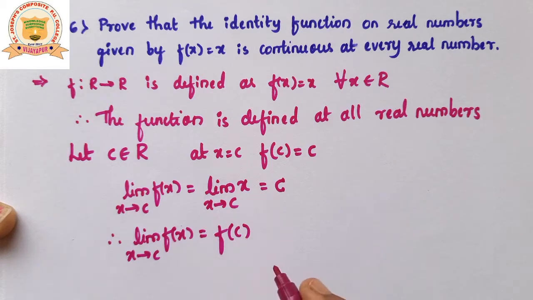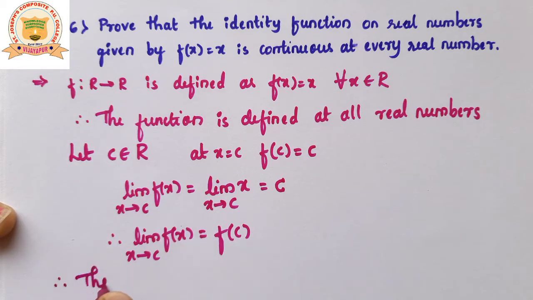Therefore, by definition of continuity at a given point, we conclude that the given function is continuous at x is equal to c. c is any real number here. Therefore, the identity function f of x equal to x is continuous at every real number.